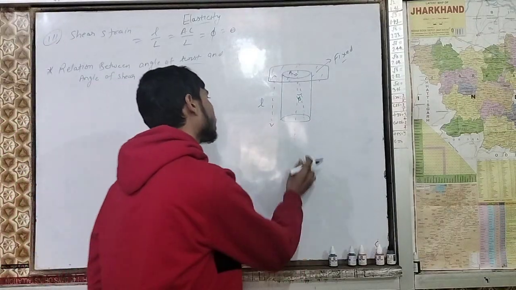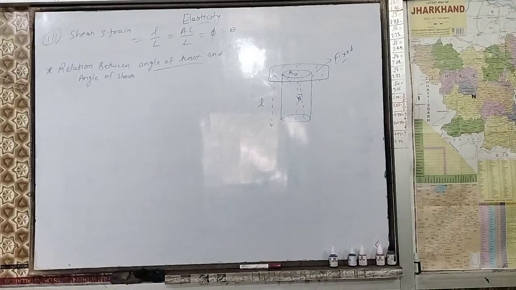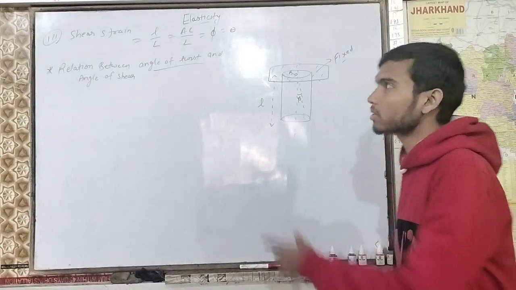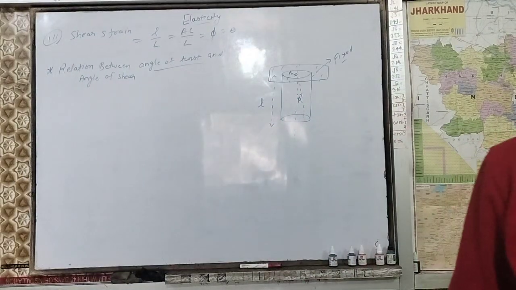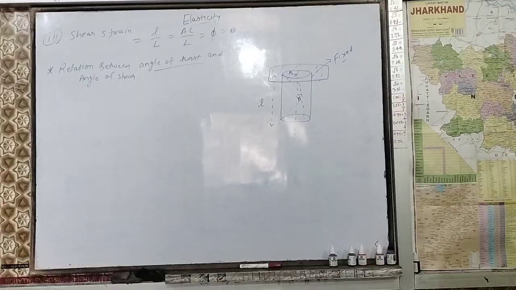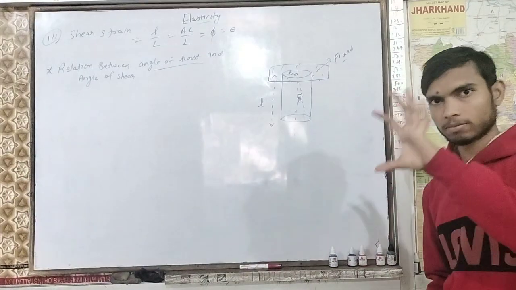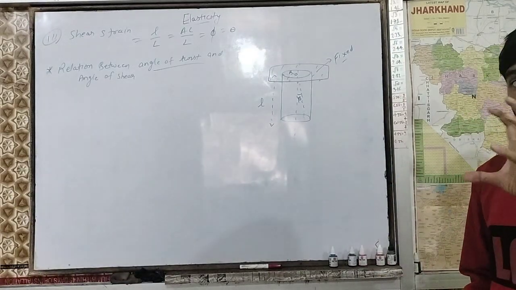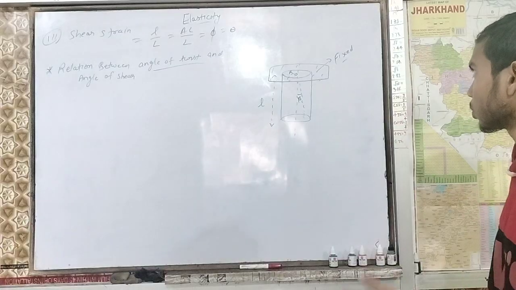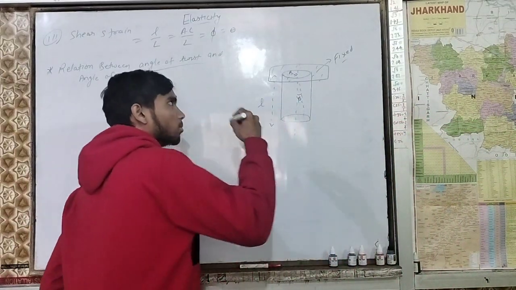But in that case, we are getting a radius because this is a cylinder. In the previous case, when we were talking about shear strain, we had a quadrilateral object with four sides, but in this case we have a circular object. That's why you will take a radius.